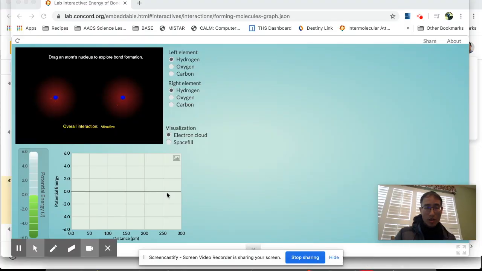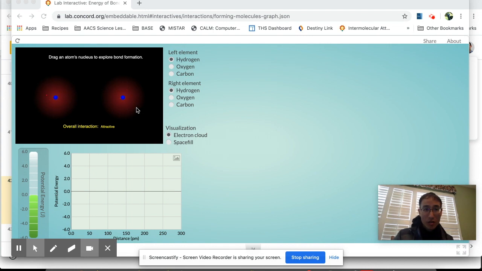Okay, so in the last video we were looking at the bond lengths, and we're going to look and see what's going on with the different bonds as we burn something like methane. So methane is natural gas, and as we burn it, what's going on with the bonds and how much energy is that taking?